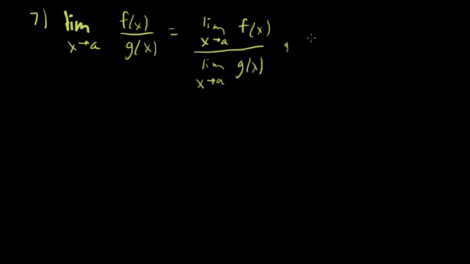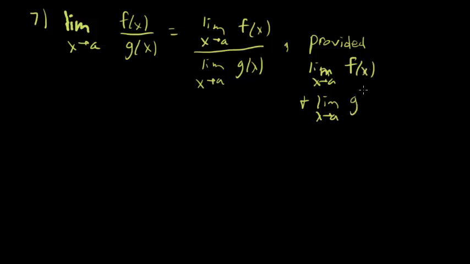And the stipulations here are, of course, that the limit as x tends to a of f of x and the limit as x tends to a of g of x both exist, but also that the limit as x tends to a of g of x is not 0. And you can see this additional criterion was just added to prevent division by 0.